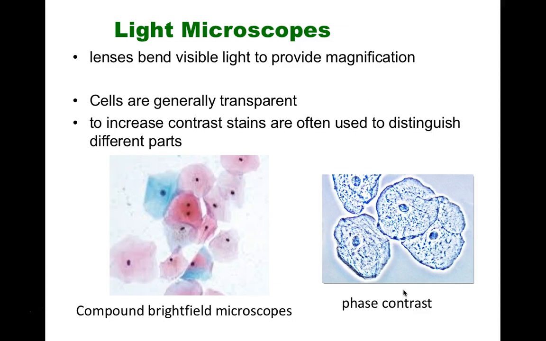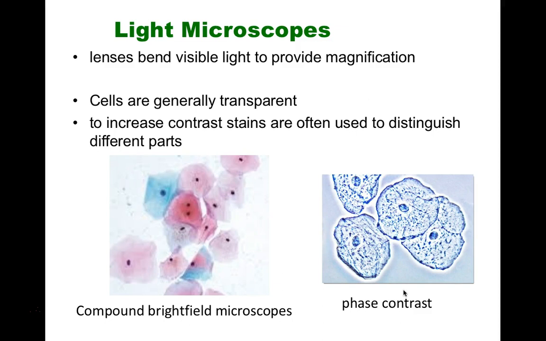Now when we take a sample of cells from most organisms, like plants and animals, they tend to be transparent. They don't have any color. If we were to look at them through the microscope, especially a white, or what we call bright field microscope, the bright field means we're using white light or visible light to view that item.